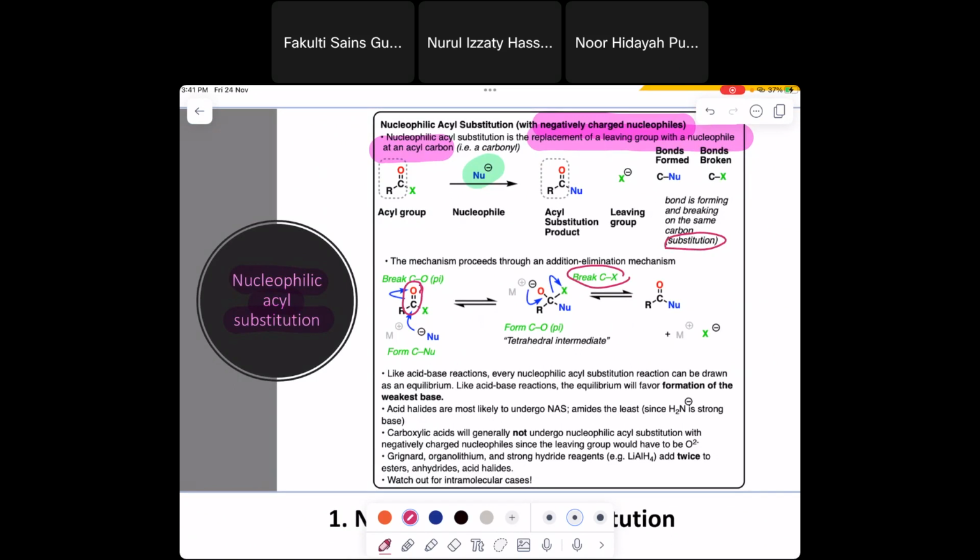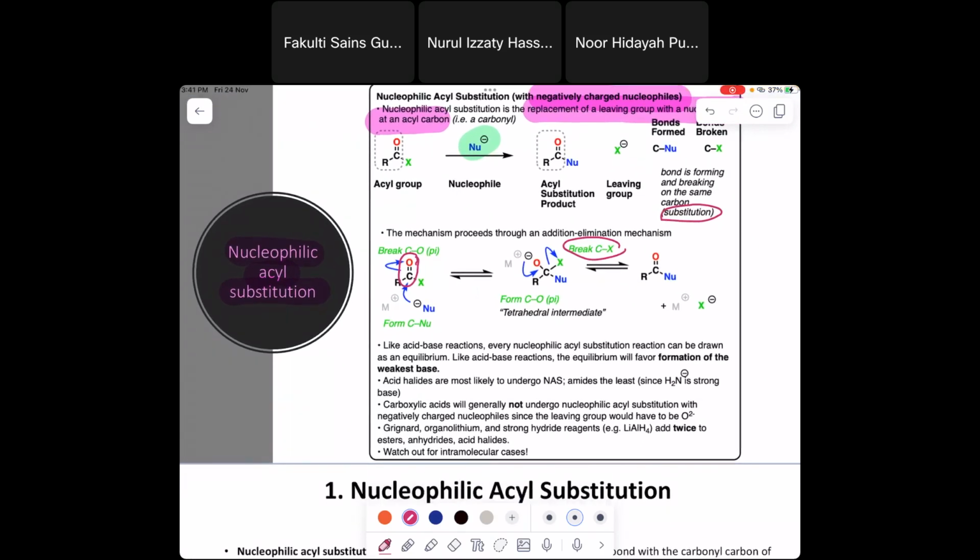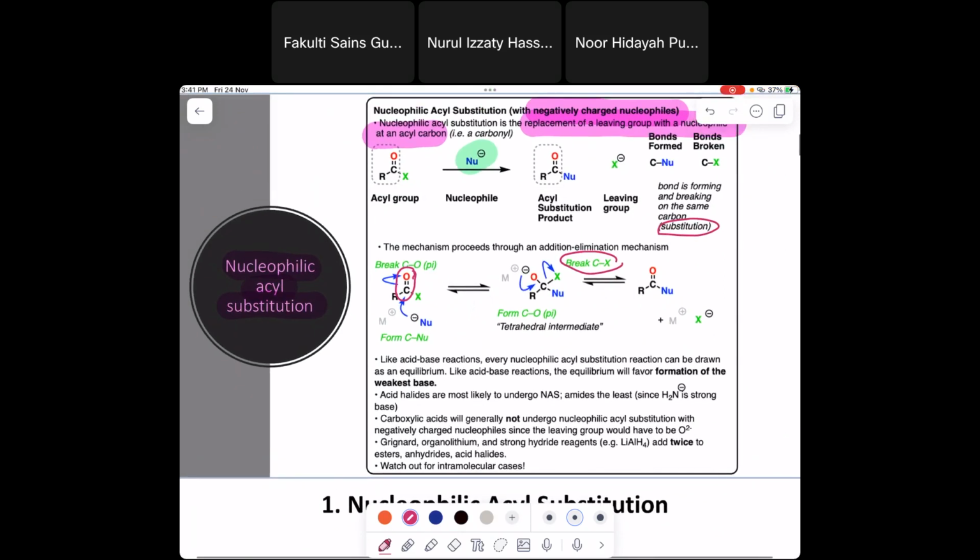So usually I ajar Organic Chemistry 1, tapi masa awal balik I have to teach Organic Chemistry 3, which is this topic. I perasan selalu ada masalah pelajar, dia macam tak tahu the basicity of the leaving group dan dia macam very confused with that lah. Okay, so I hope at least today kita boleh hilangkan confusion itu.